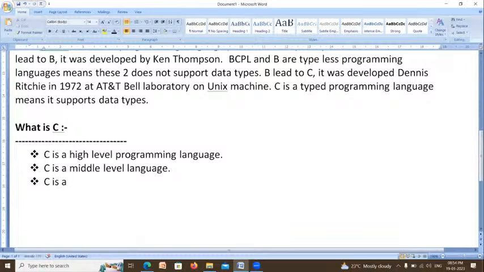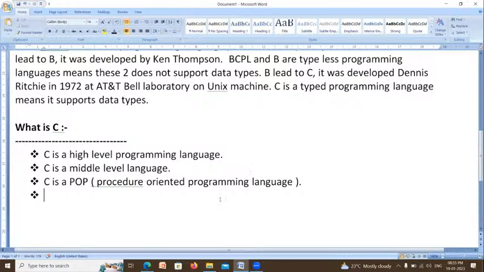C is a POP language. POP means procedure oriented programming language. The meaning of this is that it gives more priority to procedure and less priority to data.